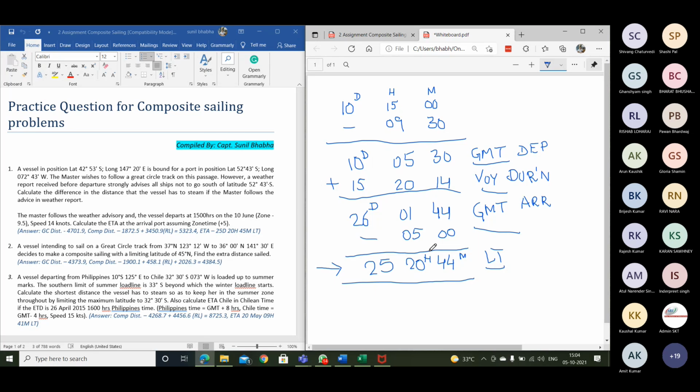Now, when you cross 180-degree meridian, as far as the local time is concerned, there is a change in the date. You have to either go one day ahead or one day behind, depending upon in which direction you are moving. So, अगर आप ये method follow करते हो, GMT to GMT, you don't have to bother about any date change.